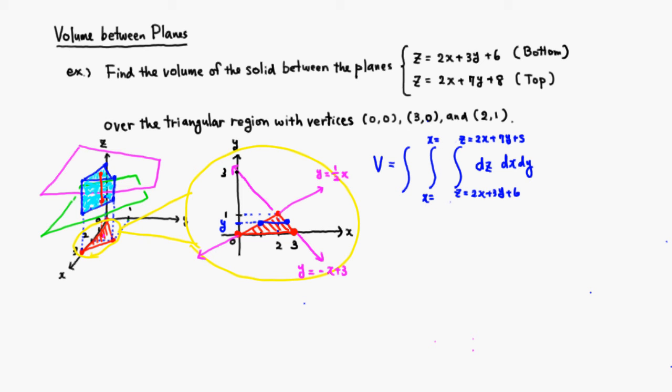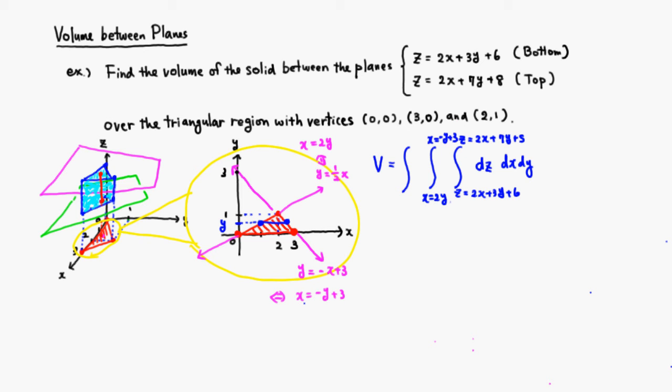So x is going from x equals 2y, rewriting the first equation, to x equals -y plus 3, rewriting the second one. So that will cover that.